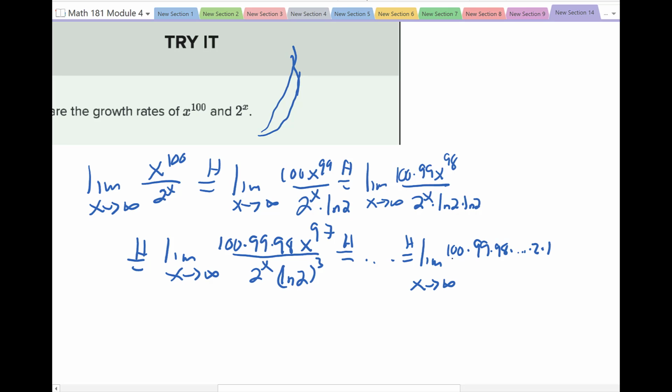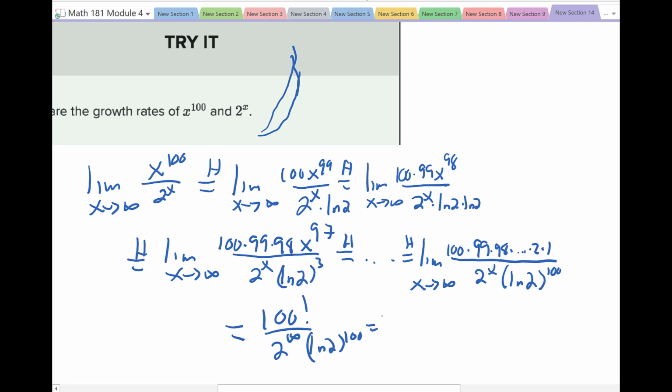And so we've taken that derivative 100 times over 2 to the x times the natural log of 2 to the 100 power. In that case, it would not be the indeterminate form. This is going to be 100 factorial on top over 2 to the infinity times natural log of 2 to the 100 power.